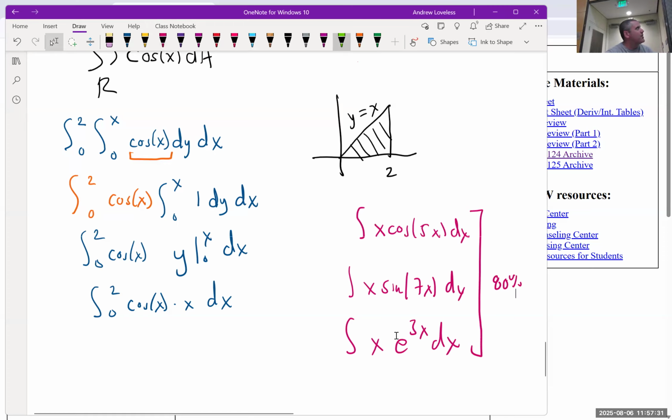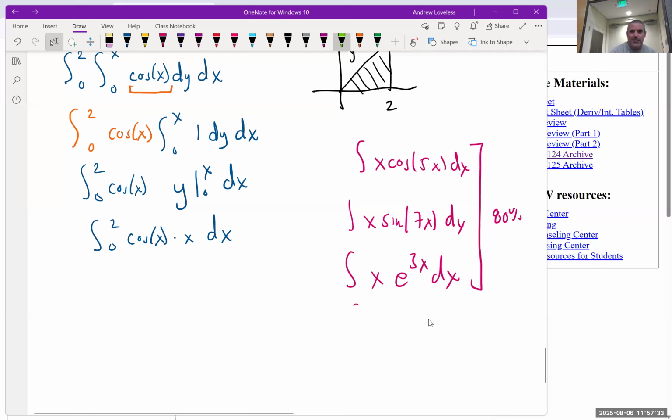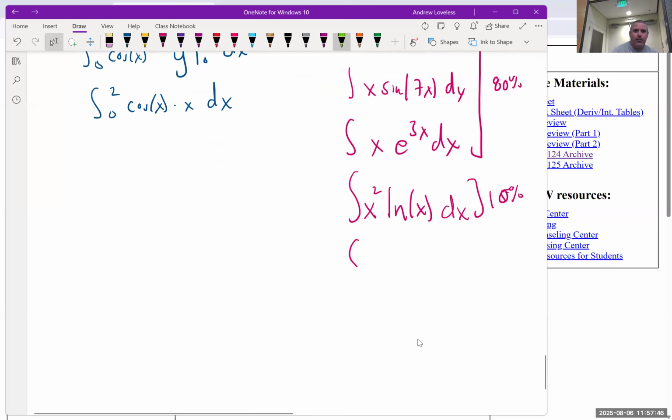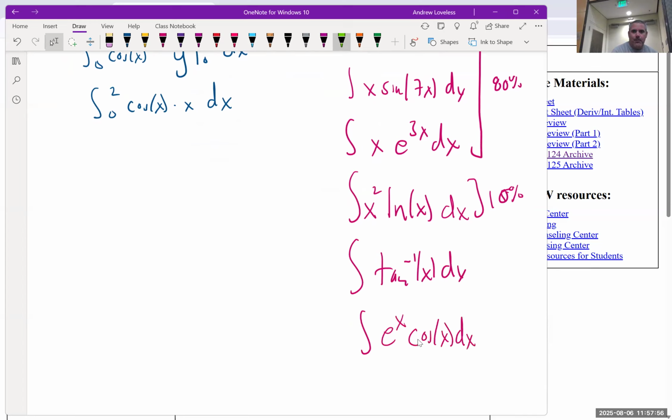That's by far the most. The next maybe 15% is when there's a log in there and maybe some power of x. 10%. And then we have very special ones. Inverse trig and this one. I don't know, 2% of the time.